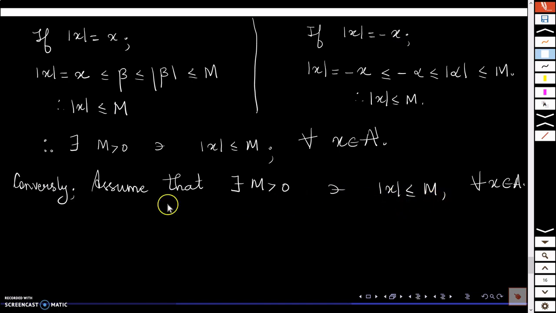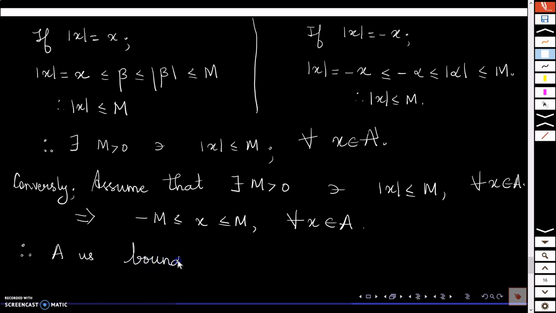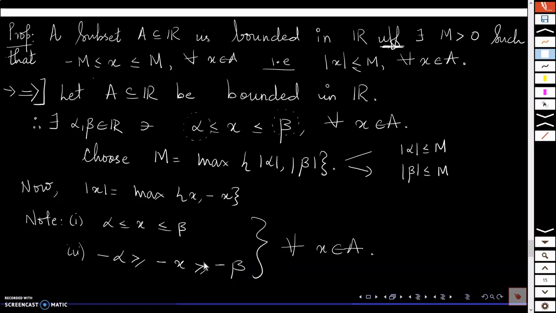Because mod x is less than or equal to M, this implies minus M is less than or equal to x, and that is less than or equal to M for every x in A, because one of the properties tells us that these two statements are equivalent. This implies minus M is a lower bound for the set A and capital M is an upper bound for the set A, and therefore the set A is bounded in R because it is bounded above as well as bounded below. So the second case is a trivial one. The first case you have to work a little.